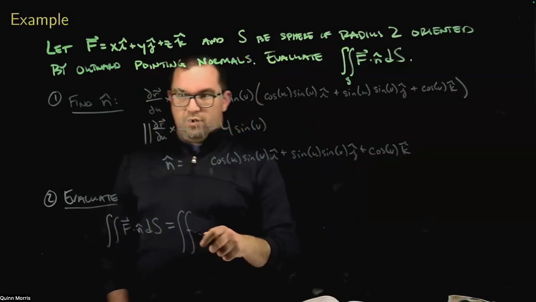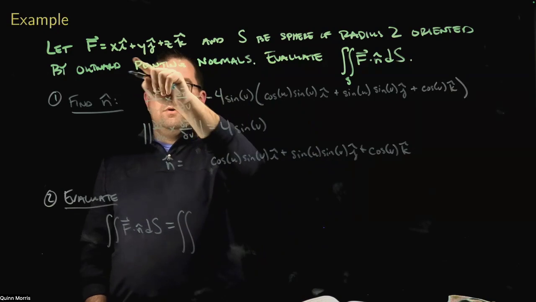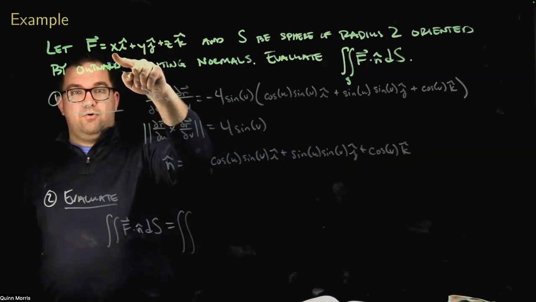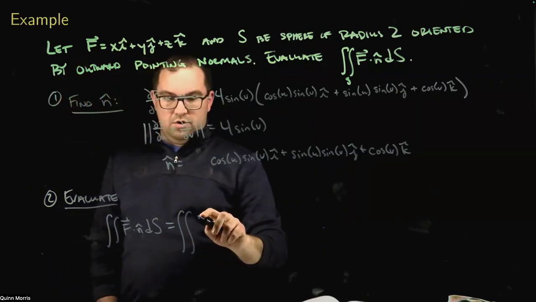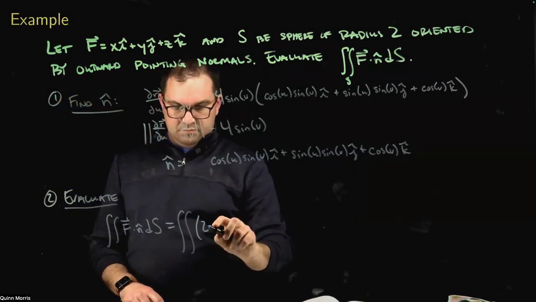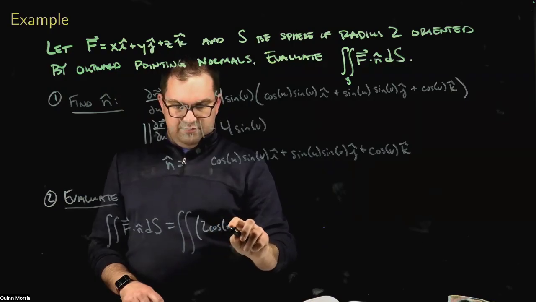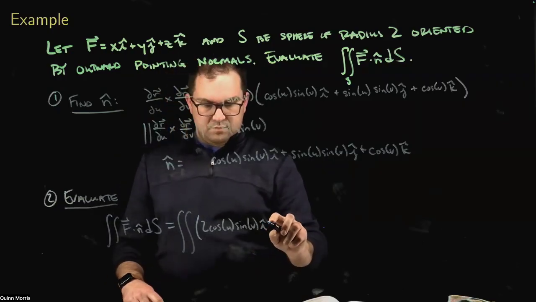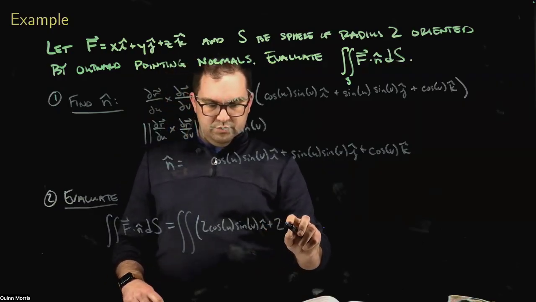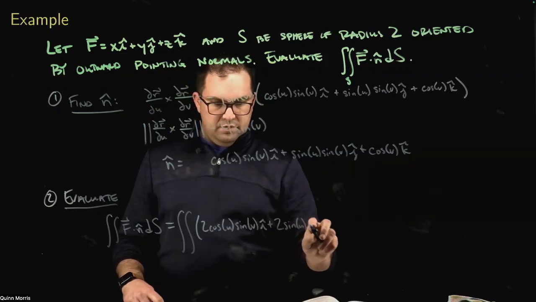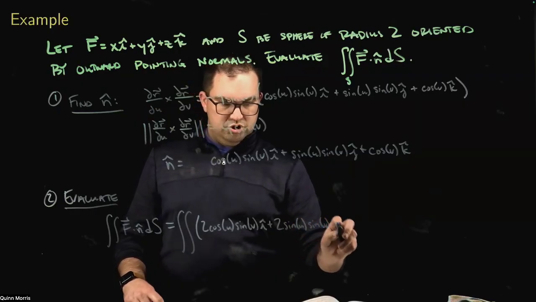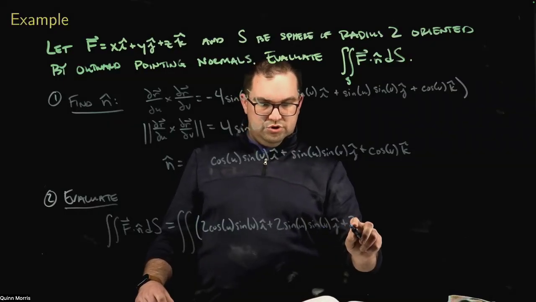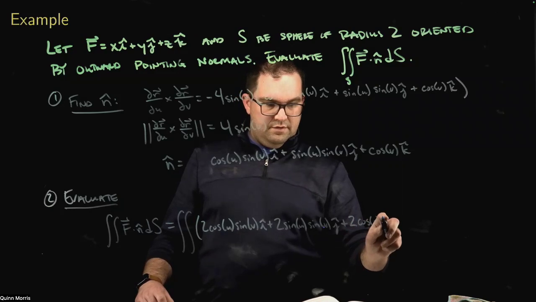So in this case, what we can do is take f, the vector x, y, z, but for x, I'm going to plug in the x component of my parameterization. So this is going to be 2 cosine u sine v i, plus 2 sine u sine v j, plus 2 cosine v k.